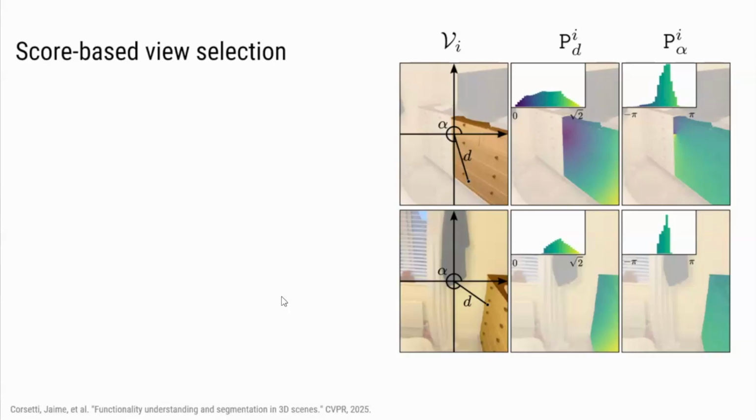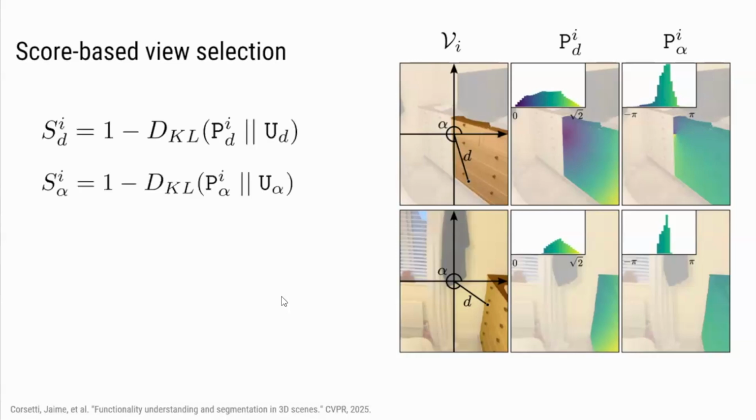Given a view, we consider the mask, and we consider the distribution of the angle of each pixel with respect to the center, and also the distance of each pixel with respect to the center. Then we design two scores, which are based on the inverse of the Kullback-Leibler distance between the probability distribution of the distance and of the angle with a uniform distribution, which is the reference.